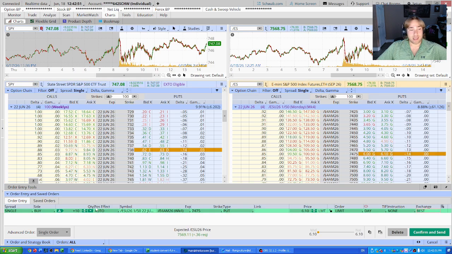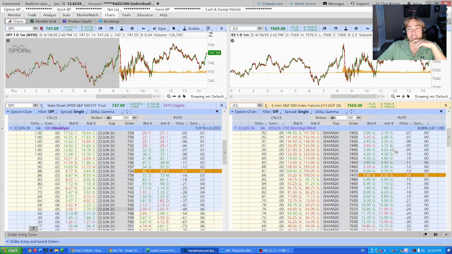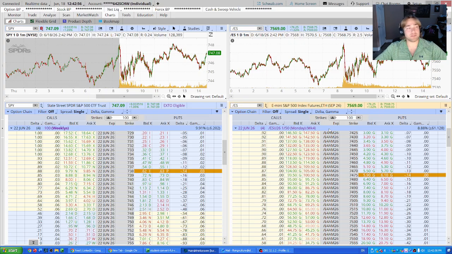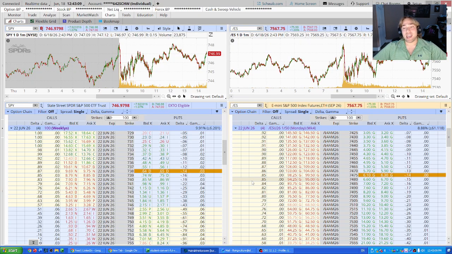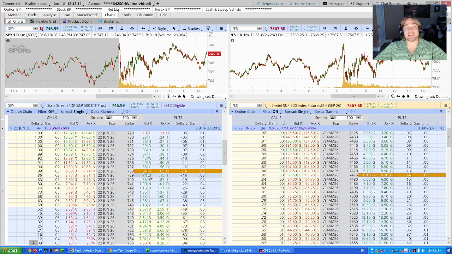I'll get this configured to where it would match, but you can pull up your order ticket, even on Thinkorswim, and play around with modeling until you get that delta neutral when you activate the trade. What you would see is you're collecting a slight premium by selling the delta on the SPY and buying the same delta on the ES.